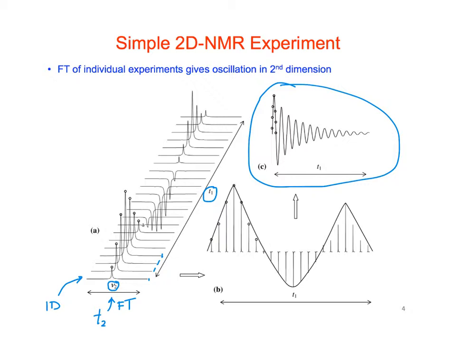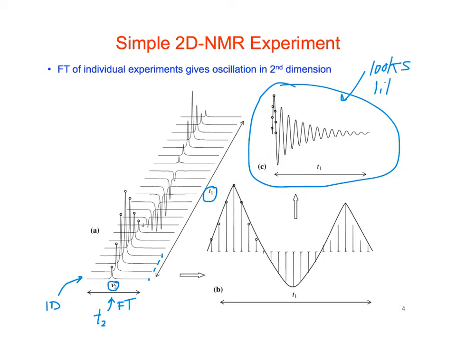But what does that look like? What else have we seen that looks like that? It's pre-Fourier transform. Right, it looks like the FID, the free induction decay, right? It's a beautiful one. Right.